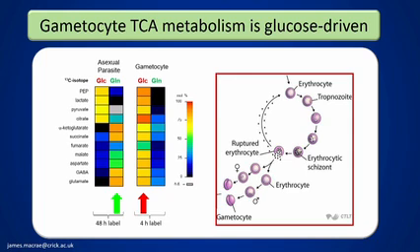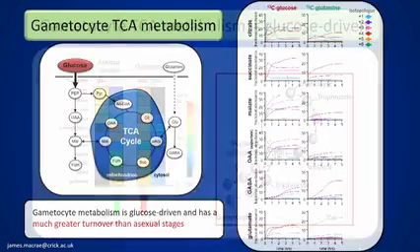So this was really interesting. But perhaps more significantly, what I didn't tell you earlier was that with the asexual stages, that was a 48-hour labeling experiment, while with the gametocyte stages, that was 4 hours. So not only is there a complete carbon source switch, but also it's happening a lot quicker.